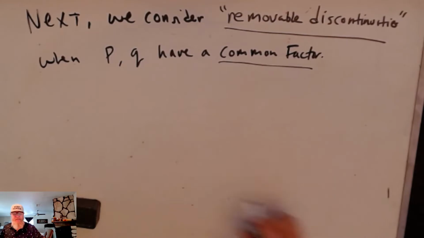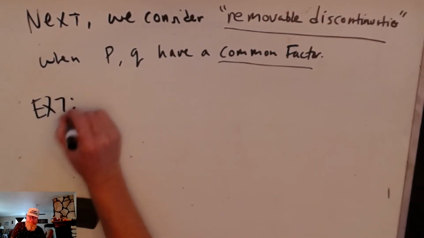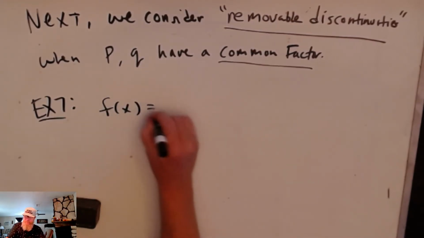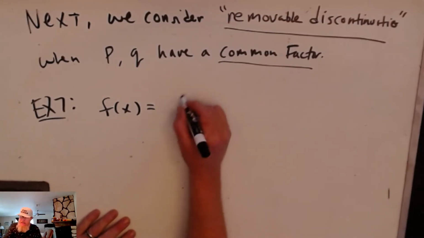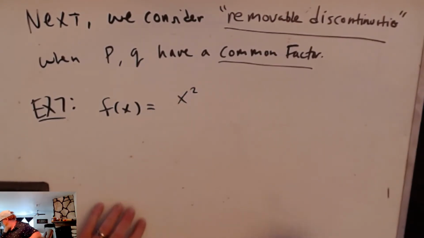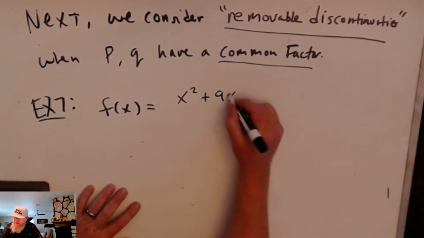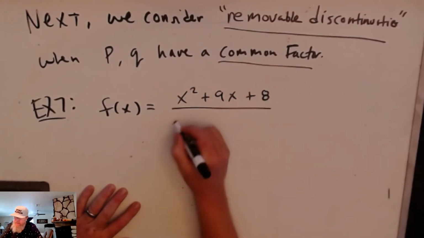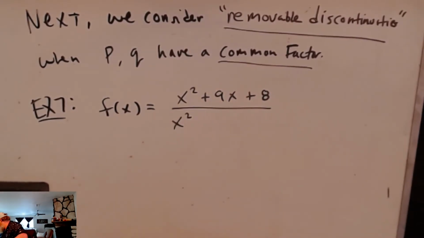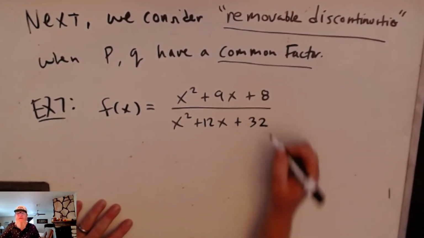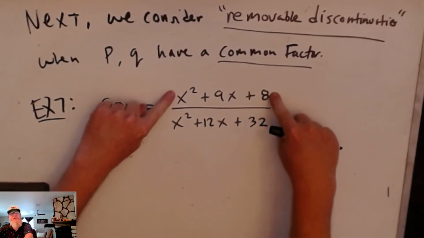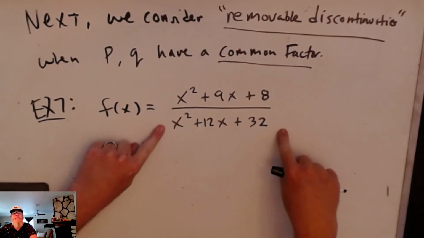That hasn't happened yet, but it's going to. Setting the stage for this to happen. If you have something like this, x squared plus 9x plus 8 over x squared plus 12x plus 32. So P is the numerator, Q is the denominator.